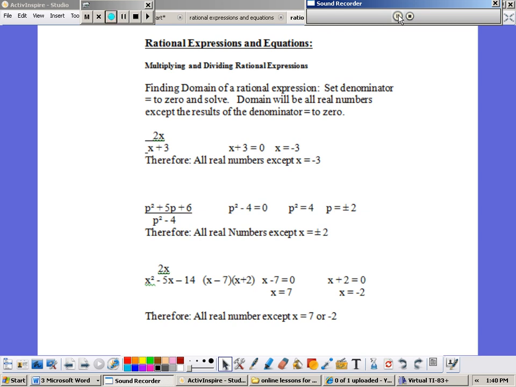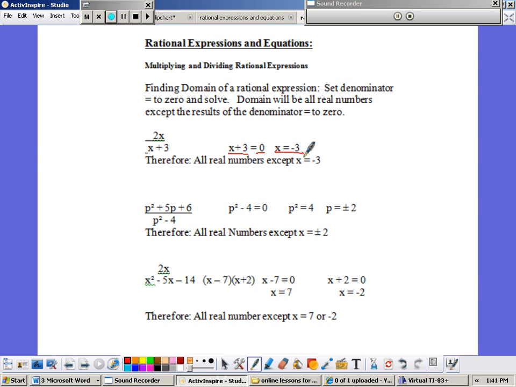To find out where the domain is restricted, and I told you this previously, the domain is always negative infinity to infinity unless you have a square root or a root that's even, or you have a denominator that has a variable in it. And we do have a denominator with a variable in it, so what you do is you take that denominator, x plus 3, and you set it equal to 0, because we don't want it to equal 0.